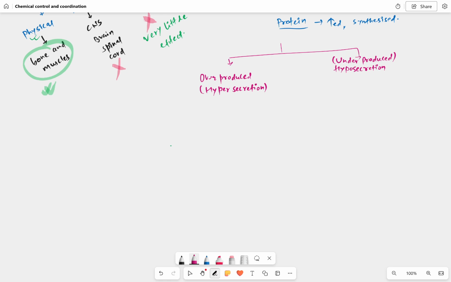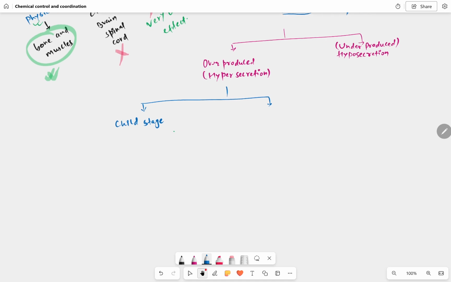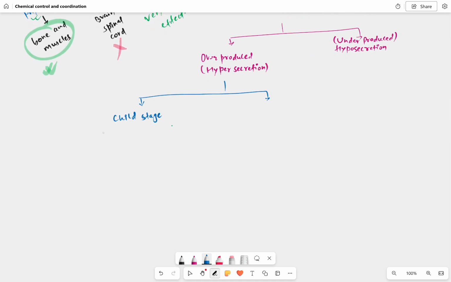If it is overproduced, it will promote physical growth more and more. If it is overproduced in the child stage, the normal development of the child is affected.